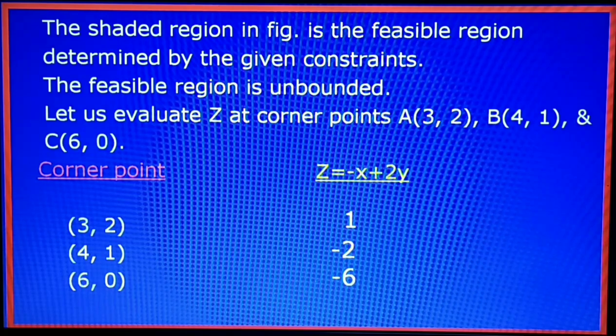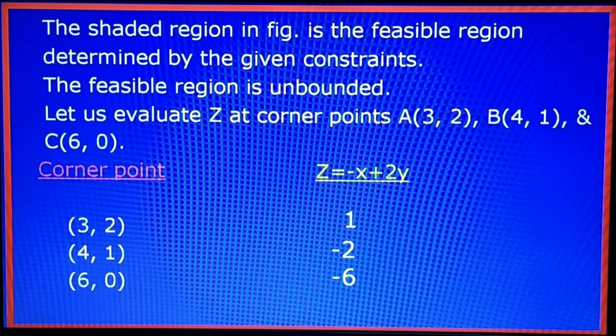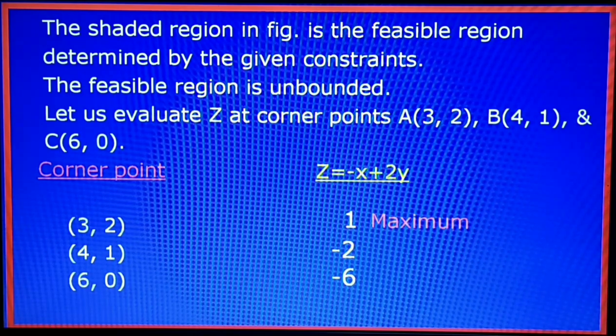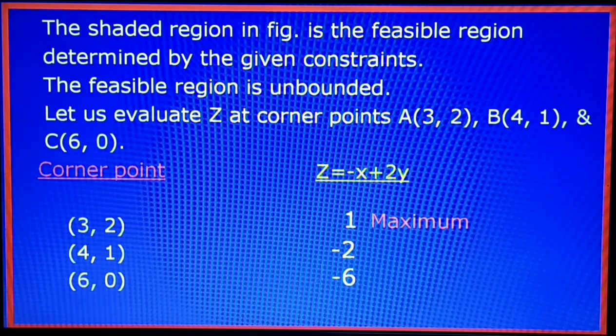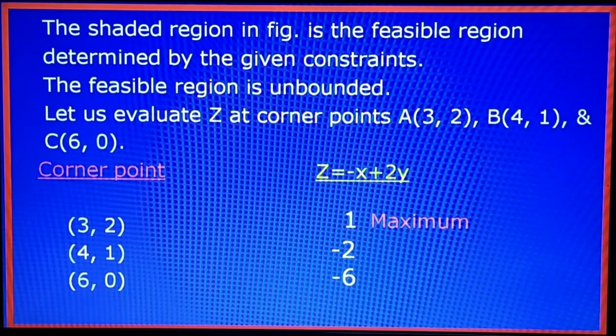Among these three values, one is the maximum value. When the feasible region is unbounded, it is not possible to decide the maximum or minimum value only on the basis of the values of z.